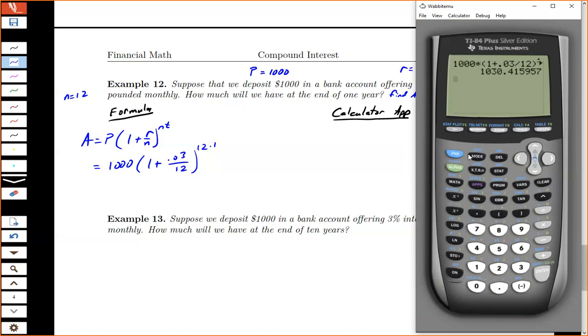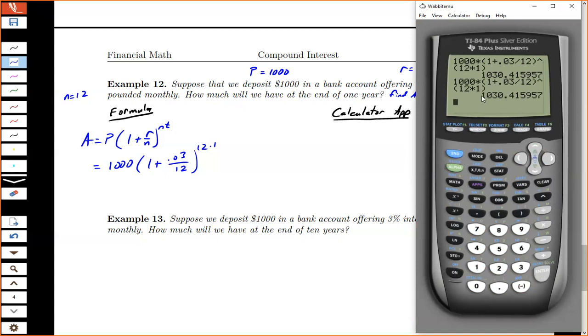Okay. If your calculator, when you hit the exponent, just puts a caret here for the things that are in the exponent, then I want to put them in parentheses.